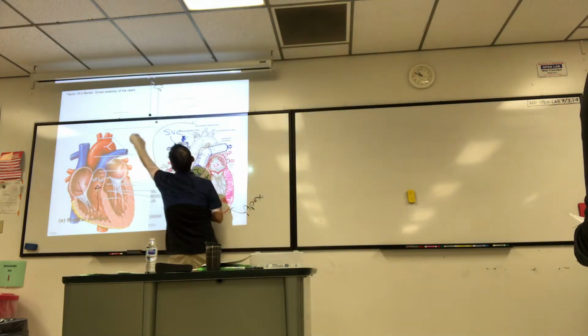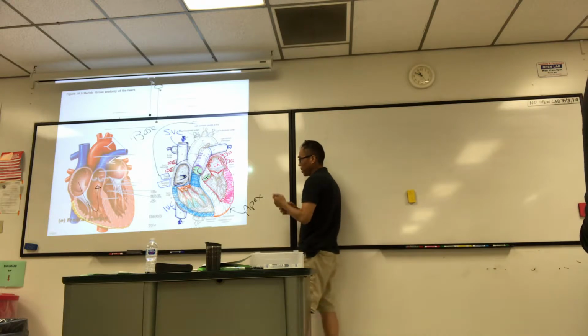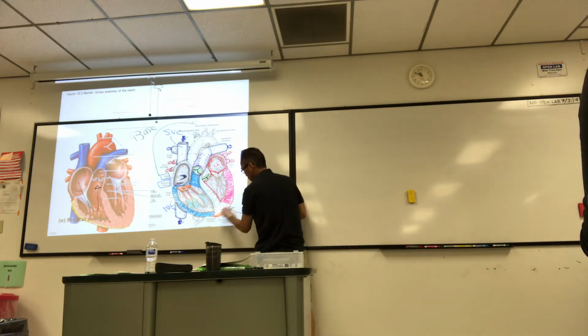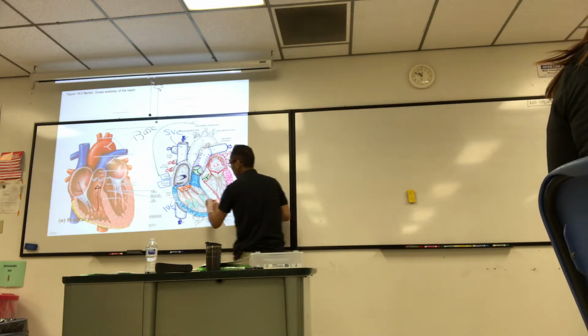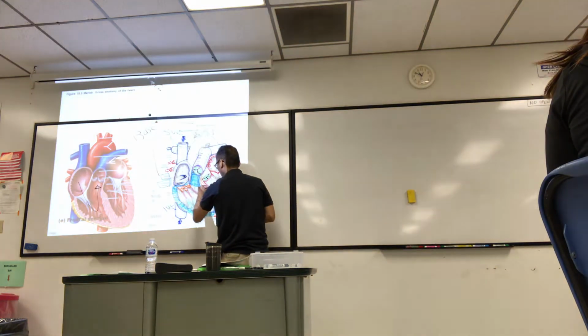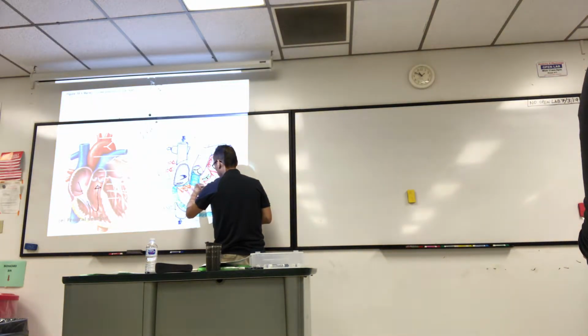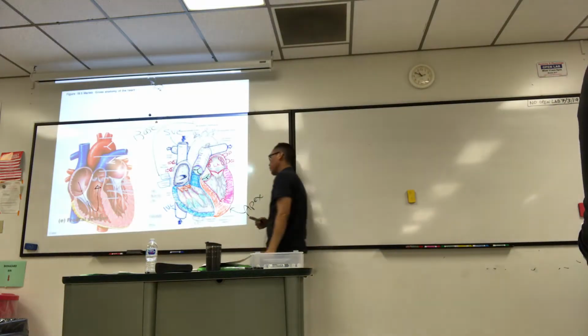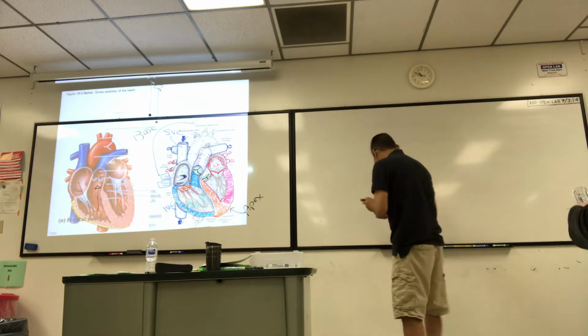Apex, base. I was going to color orange all the way up the middle, from apex all the way up in between, because that's called the interventricular septum, between the 2 ventricles. So where I colored orange, interventricular septum.